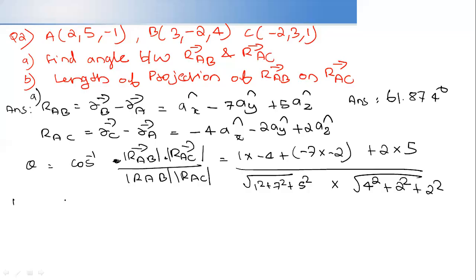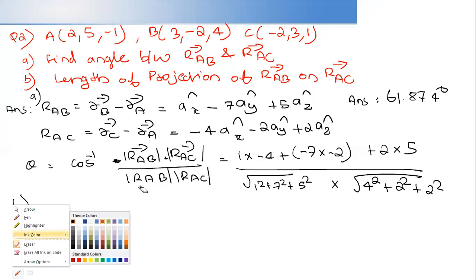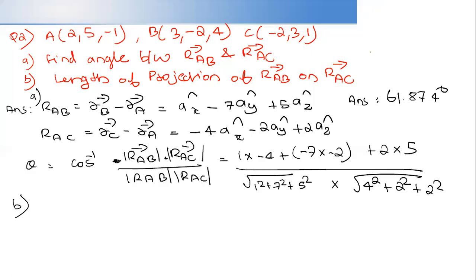Now I will move on to the B section, that is the length of the projection of RAB. So now you need a figure here. I'll use another color also. We have a vector AC here, and the same one.